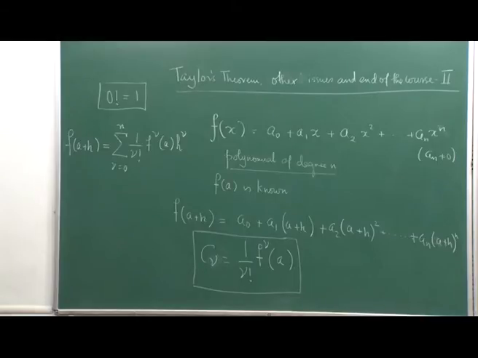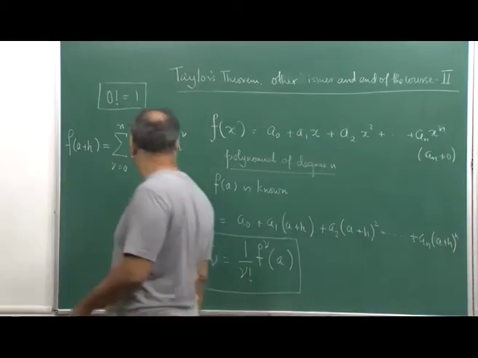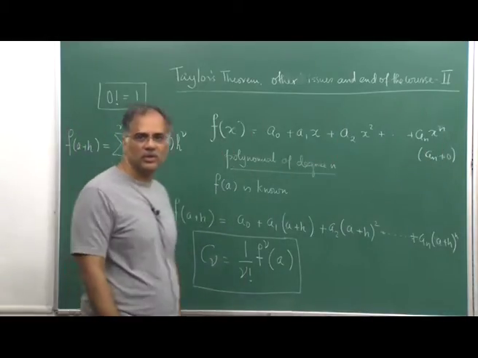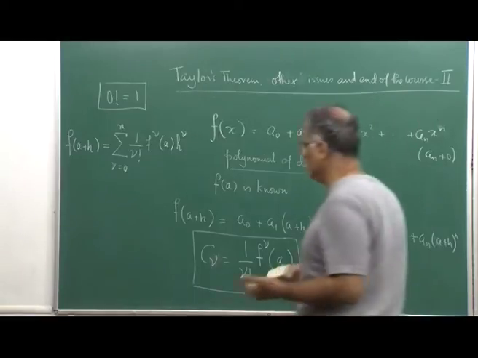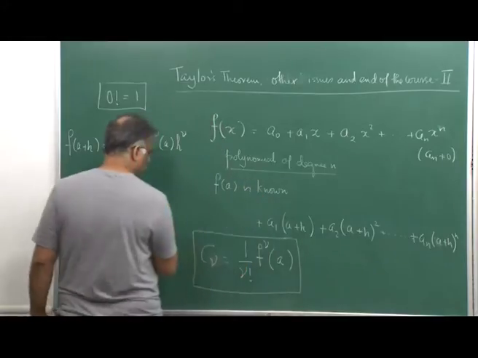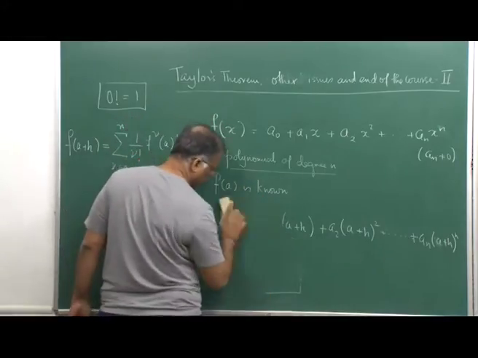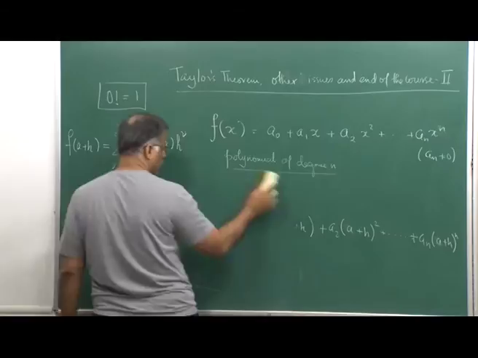So, the intuition that Newton gave to Taylor was the following, that if you do not have a polynomial function then what would be the situation? Suppose f is differentiable and continuous up to n times, and it is differentiable n plus 1 times, whatever.